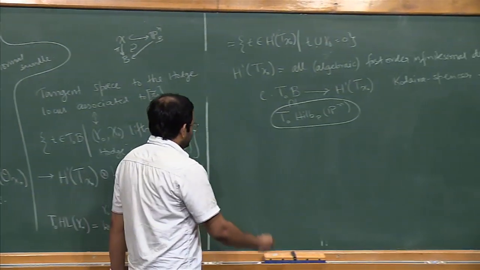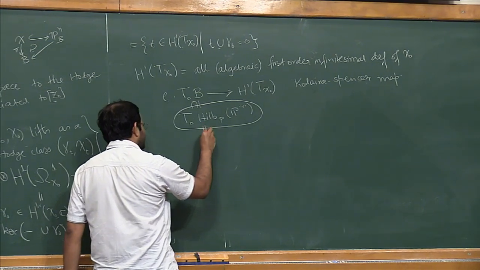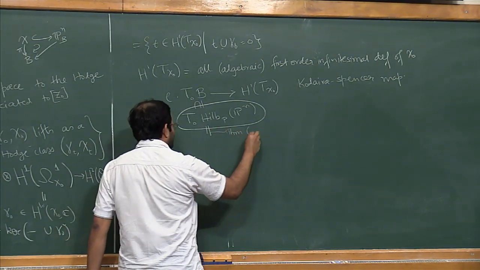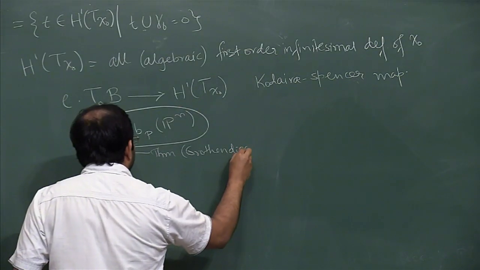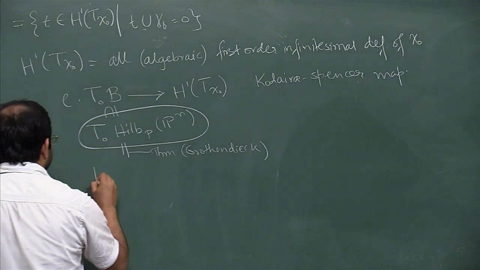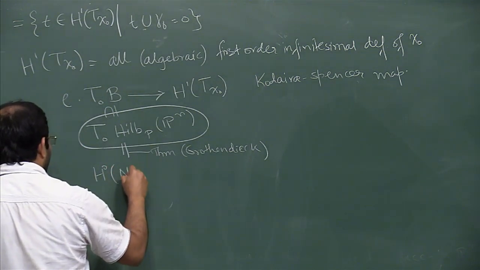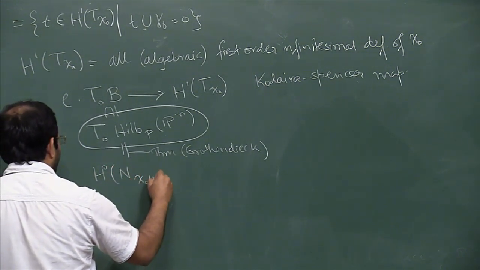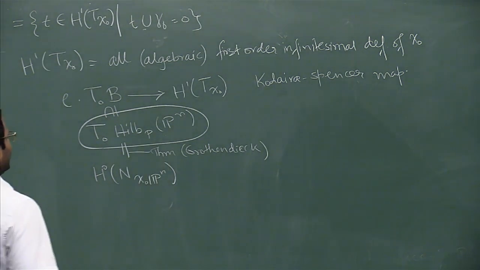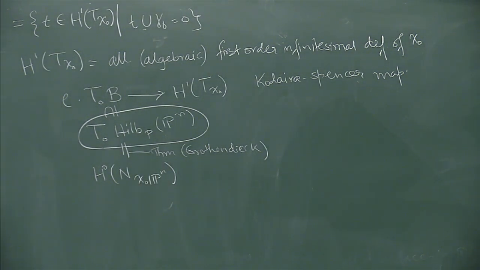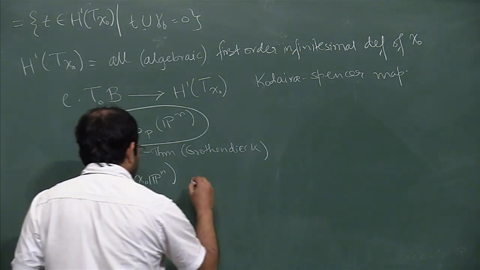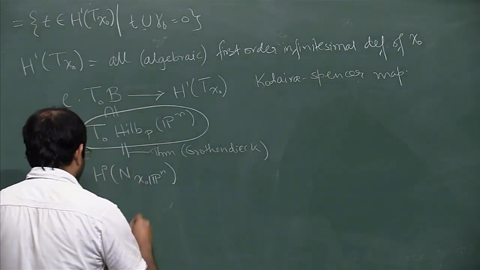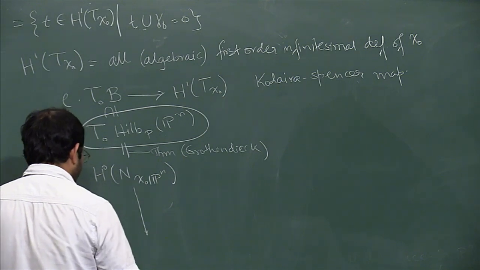So, what I do is, we know this is the theorem due to Grothendieck, that this is of the form H0 of Dn. Okay. Now, what I can do is that I can naturally go, I have a map from this object.